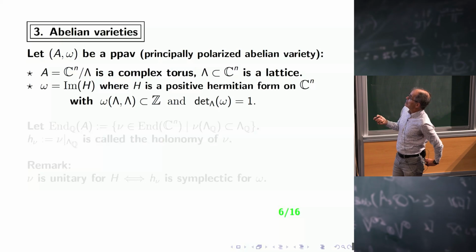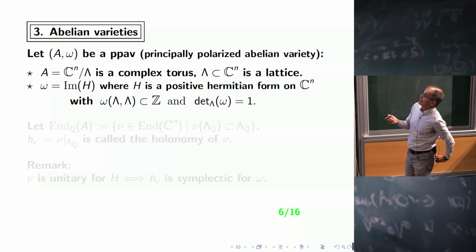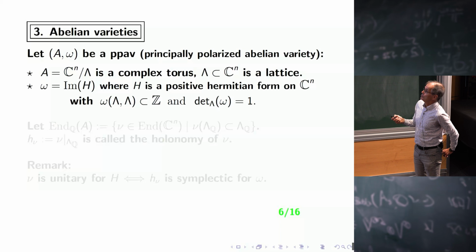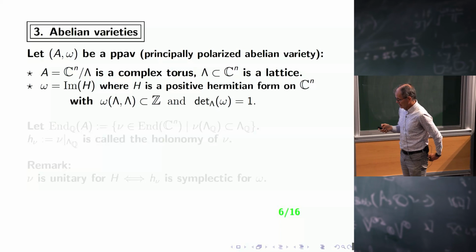And principally means that the volume form defined by omega on the torus is in fact of volume 1. So this is what it is.